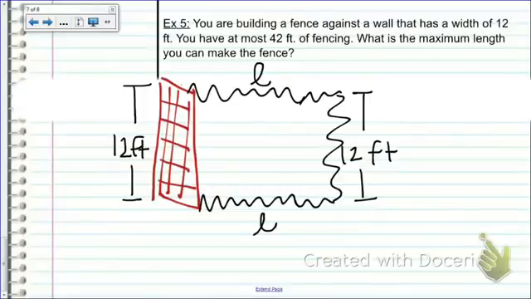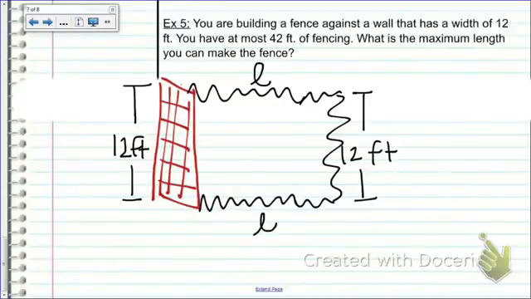Okay? So let's talk about this problem and what we have and what we still need. So if I am building a fence, that means I'm using what type of measure? Feet. Am I finding the area, the perimeter? What am I looking for? Perimeter, which means I'm going to add everything together, right?